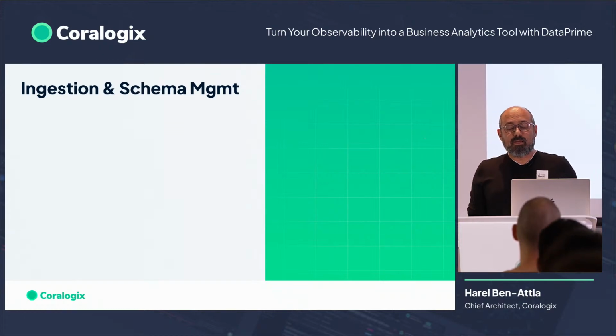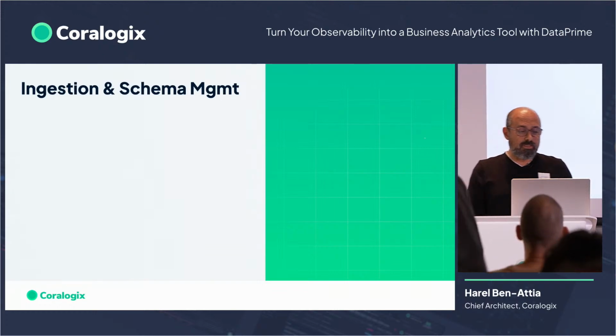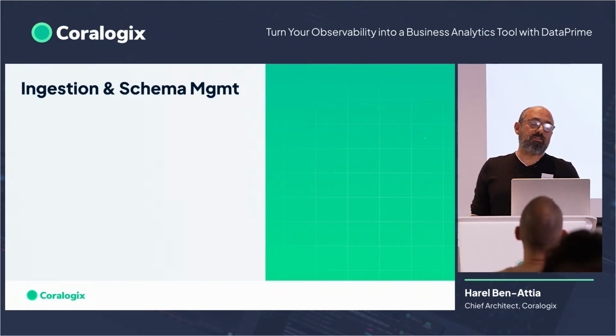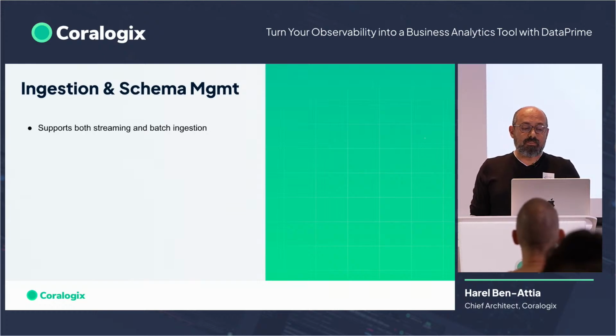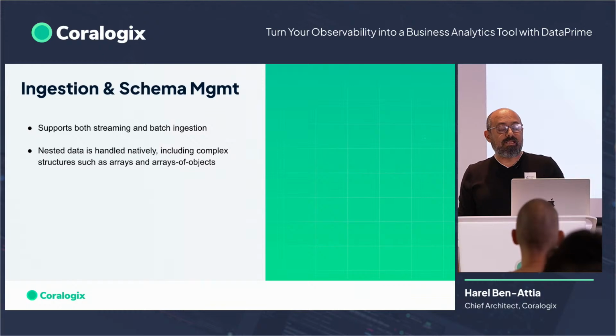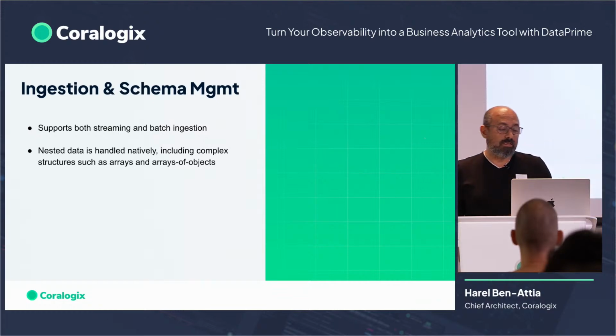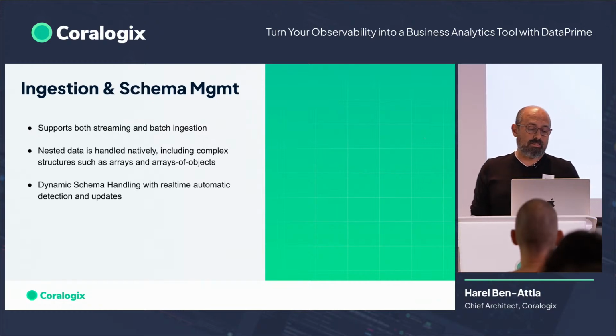A bit about some of the key features of the DataPrime engine. Ingestion and schema management: we support both streaming and batch ingestion. Nested data is native to the system, including complex data structures which are usually not handled very well in other systems, like arrays and arrays of objects.